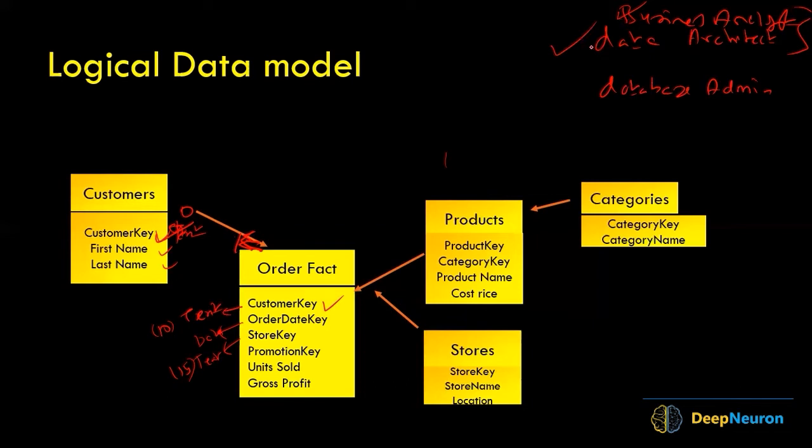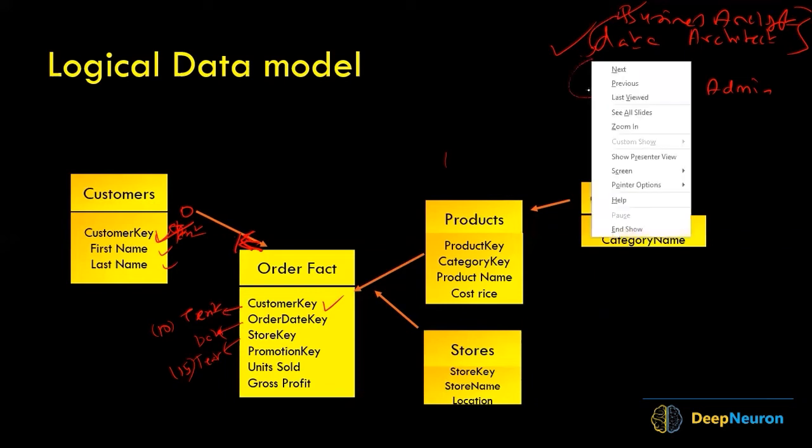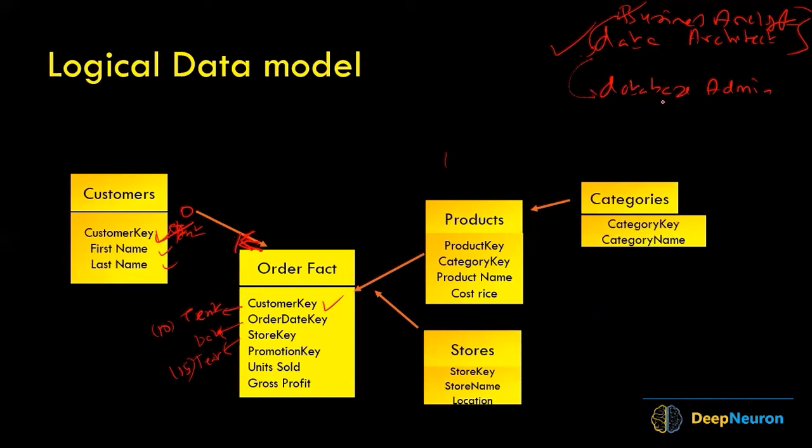These are the expectations based on which these two people come up with the conceptual model and logical data model. Finally, once the logical and physical data models are defined, the data architect will work with the database administrator, who is responsible for creating all these tables in your database.